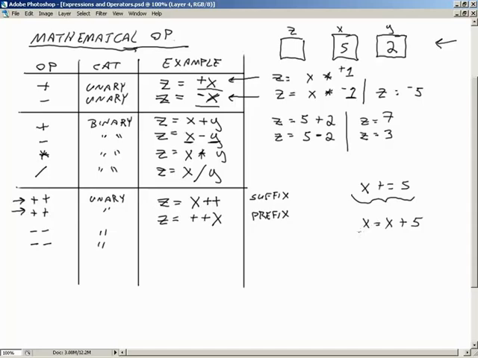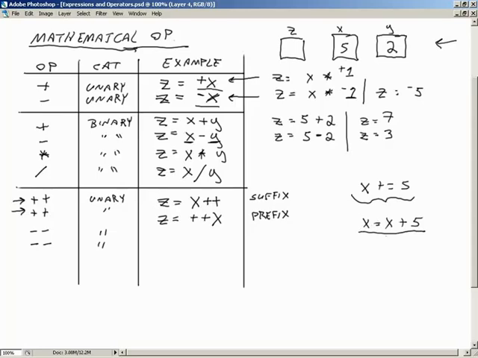Very handy stuff. Well, when we start using the plus and the minus operators, you're going to find yourself writing code and needing to increment variables by a value of 1 or decrement variables by a value of 1 often, like with counters and things like that.